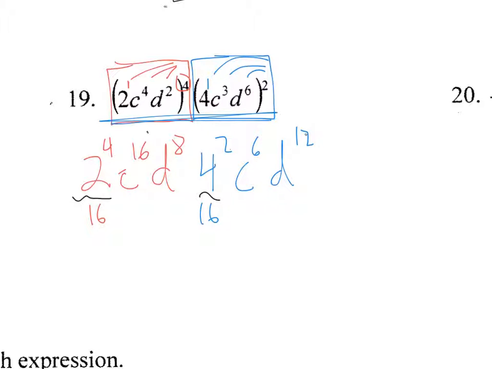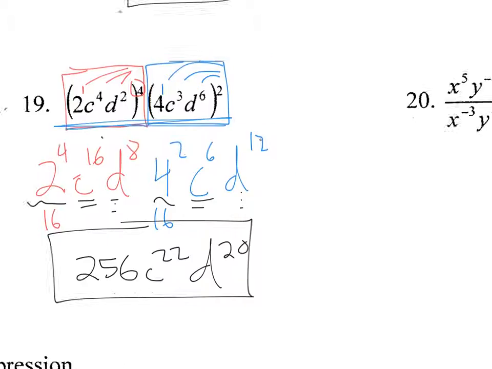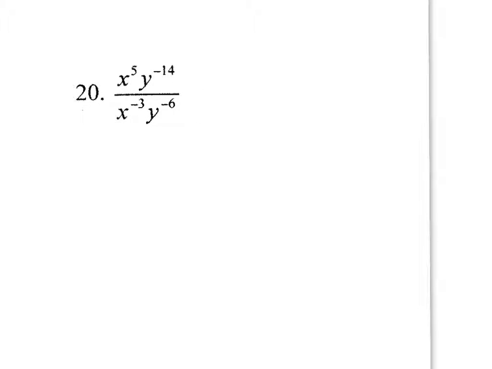So everything's being multiplied. So 16 times 16 is 256. I go to my C's next. Add exponents, because it's a multiplication problem. And my D's, D to the 20th. Boom. Moving on, 20. Here we go.